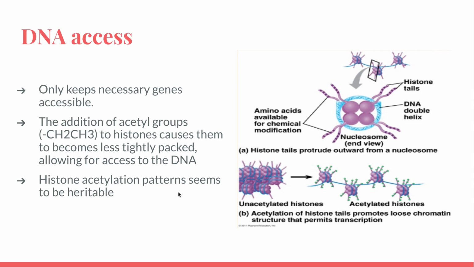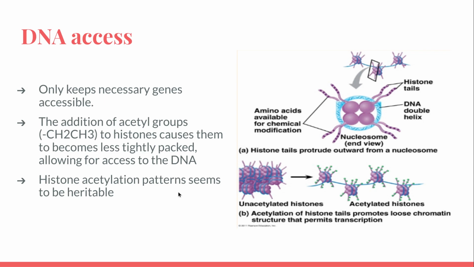So if a particular part of the DNA needs to be transcribed, then the DNA moves from the heterochromatin stage to the euchromatin stage, and that allows the RNA polymerases to access the DNA. But how does the cell decondense DNA from a heterochromatin stage to a euchromatin stage?